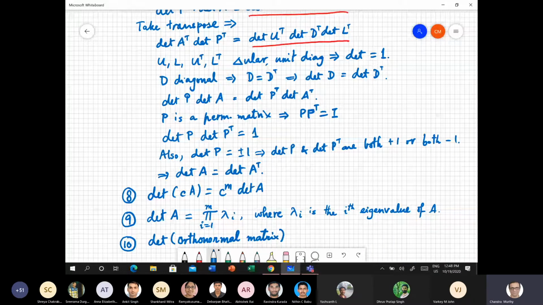When it is a linear transformation, suppose y was equal to Ax, then the Jacobian of the transformation turns out to be the determinant.